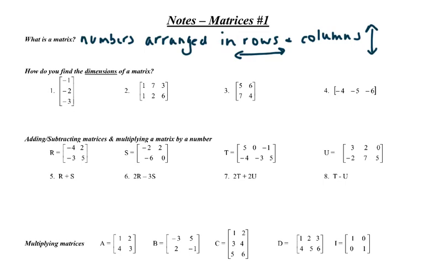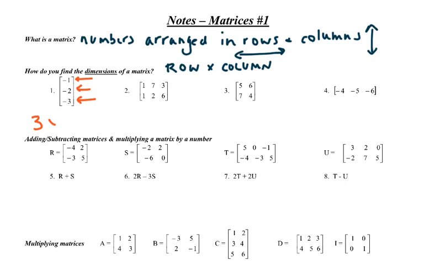So when we name a matrix, we name it row by column. So if we look at this first matrix and I count the number of rows, there are 1, 2, 3 rows. So it's got 3 rows.